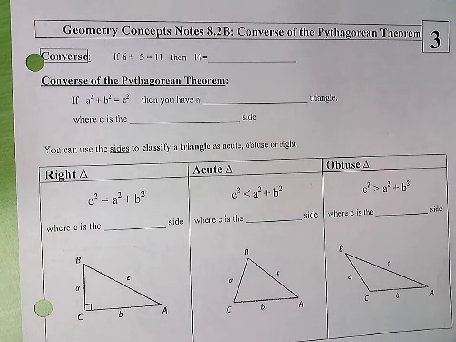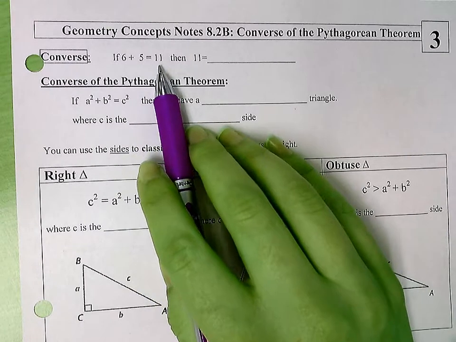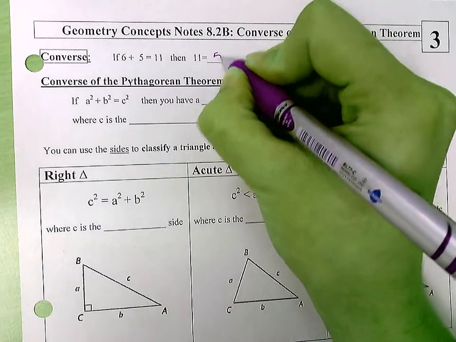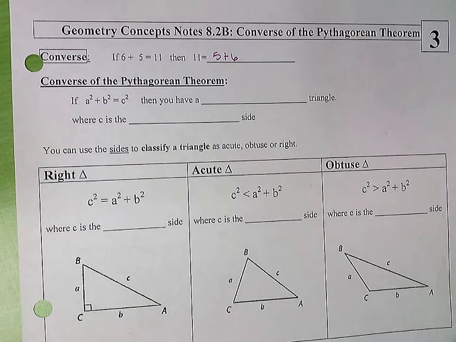All right, so converse of the Pythagorean theorem. Converse meaning backward, like I said before. So if I have 6 plus 5 equals 11, then I can say 11 equals 5 plus 6. Yes, 6 plus 5 works too. It's just mirrored.